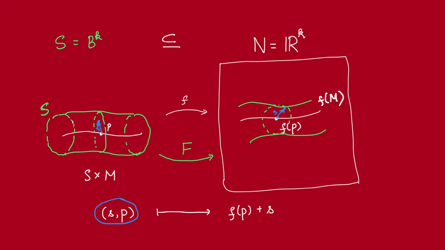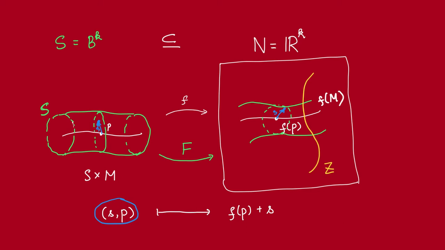And this family is super nice because it's transversal to every submanifold of N. Why is that? Well, that's because it's a submersion at every point. The tangent space at every point of the unit ball is a full Euclidean space.